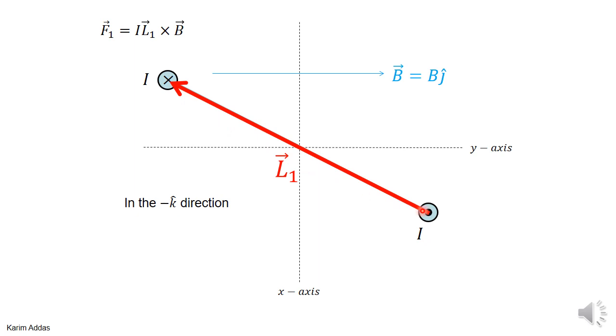I don't see the whole loop because it's in the plane that's perpendicular to the screen. So the current comes out of the page here, goes like that, and then goes into the page here. So you can see very clearly that L1 crossed into B is pointing into the page, which is the minus Z direction, which is what we showed before.